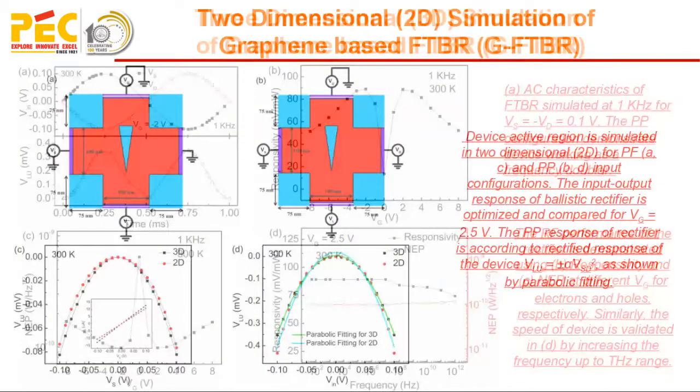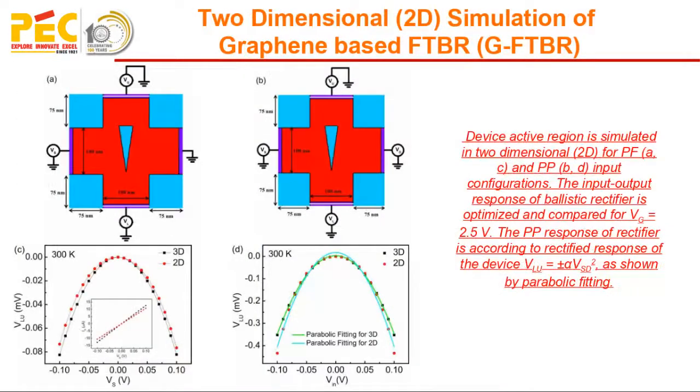So next, the 2D simulation of the graphene based FTBR has been done, and the 2D simulation has been done because of the only availability of the 2D noise simulator. So equivalent device geometry has been considered both for the push pull and push fixed response, and the output of both push pull and push fixed has been compared in 2D with 3D.